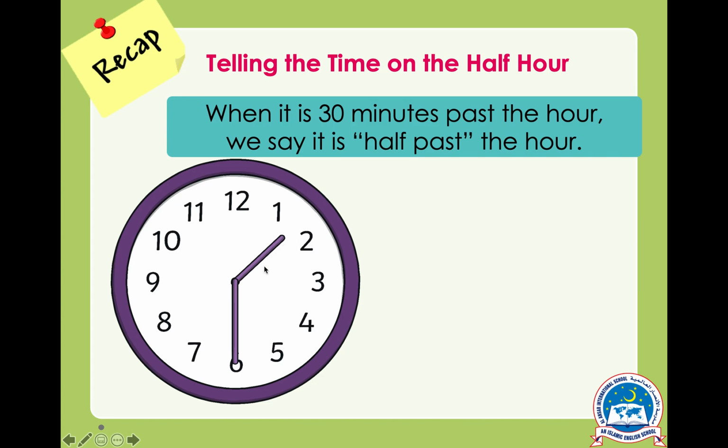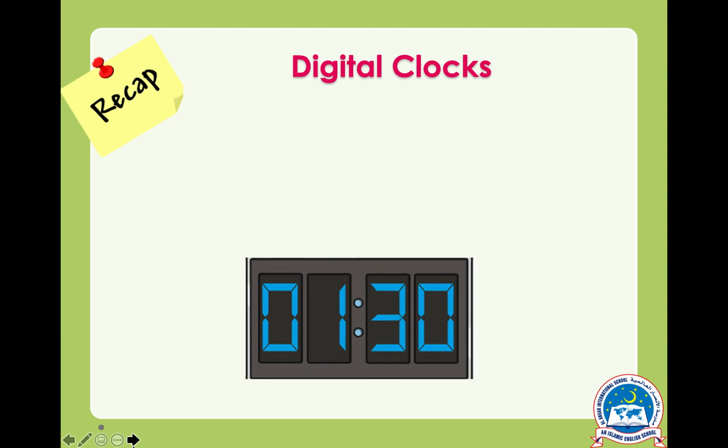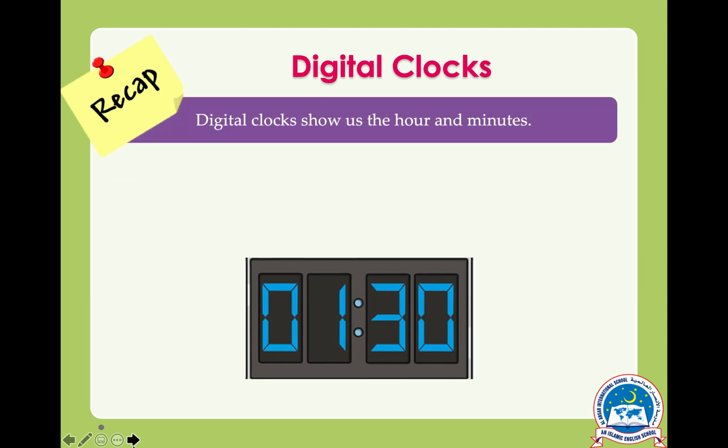If we look at this clock, we have half past 1 because the hour hand is in between the 1 and the 2. When we look at the digital clock, the first two numbers are the hours and the second two numbers are the minutes. So digital clocks show us the hour and the minute.